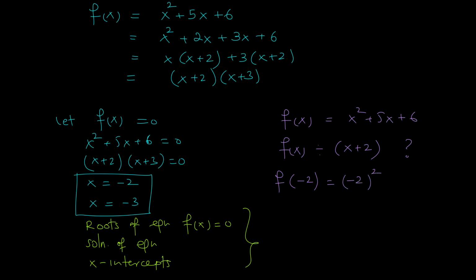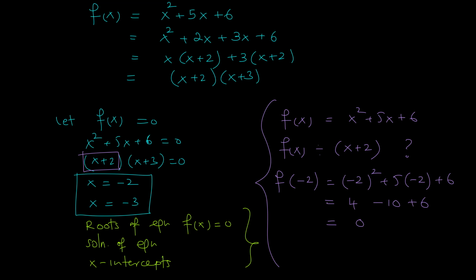Therefore, (minus 2) whole squared, plus 5 into minus 2 plus 6, which is 4 minus 10 plus 6. This adds up to 0. I already knew that x plus 2 is a linear factor. I just want to apply the concept of factor theorem. Since f(negative 2) equals 0, in other words, x plus 2 is a linear factor.